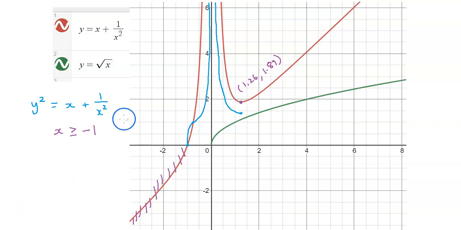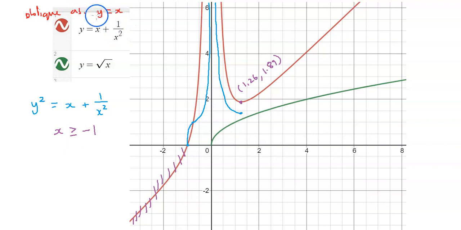And now the moment you've been waiting for. I bet you've been sitting there going, why on earth is there a green y equals square root of x graph that's been included here? Well, clearly this red y equals x plus 1 over x squared graph has an oblique asymptote y equals x. Oblique, O-B-L-I-Q-U-E, oblique asymptote y equals x.